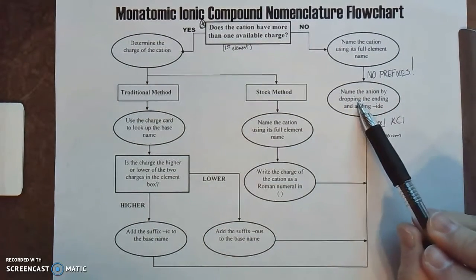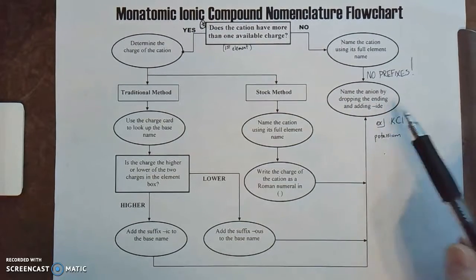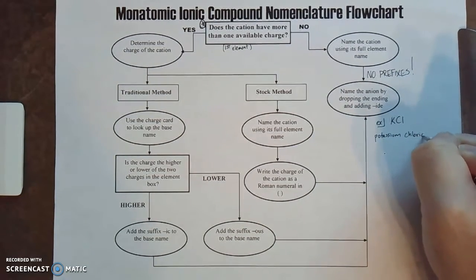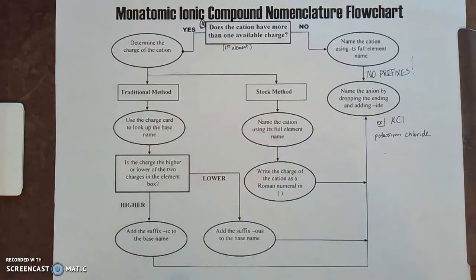Name the anion by dropping the ending and adding IDE. Chlorine becomes chloride. So we would not say potassium monochloride. That would be marked incorrect. It is potassium chloride.